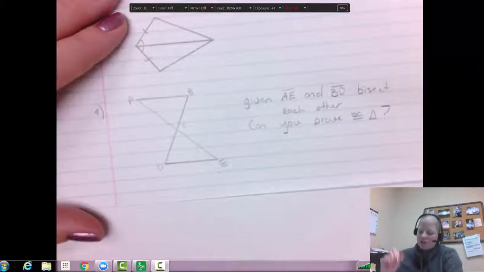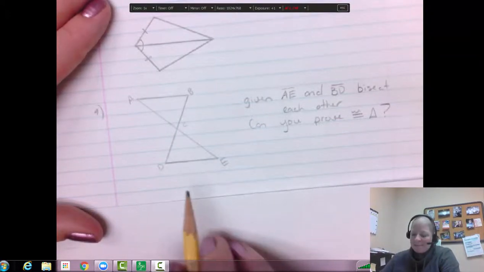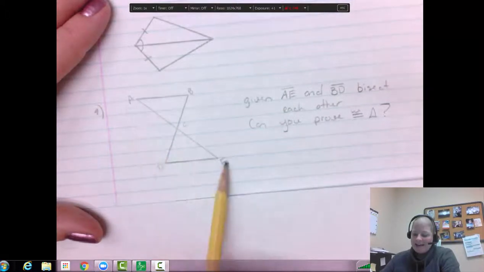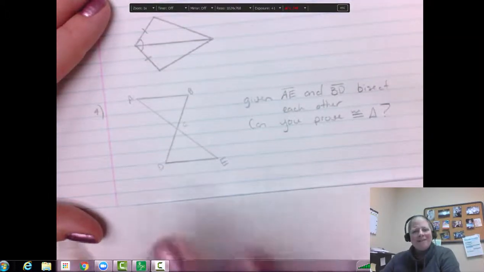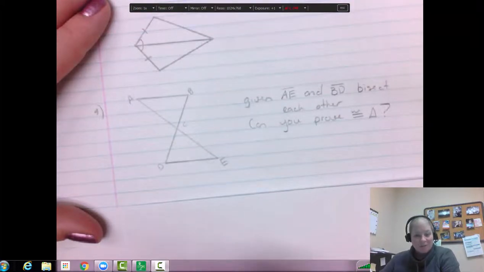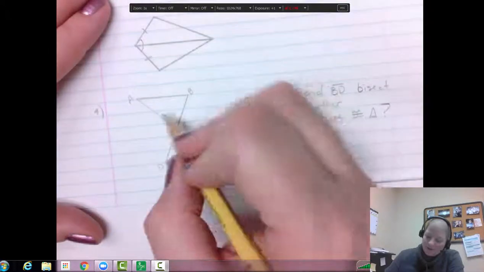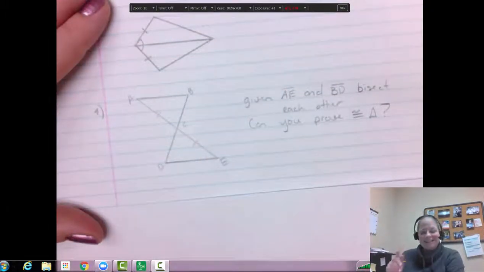Okay, this last one, I had to give you a little more information. Can you prove these congruent if I tell you AE and BD bisect each other? What does that bisect tell you? Well, it tells you that AE bisects, and this one equals this one because it cuts it in half.